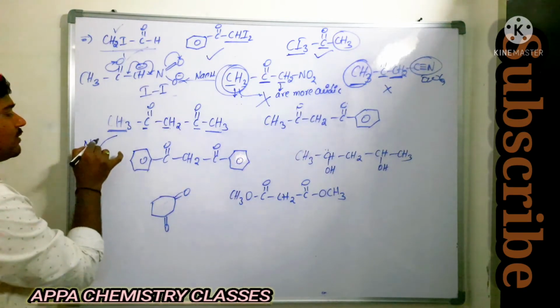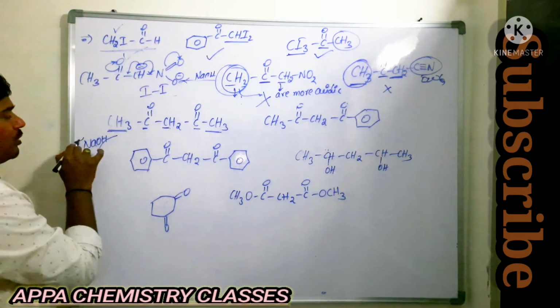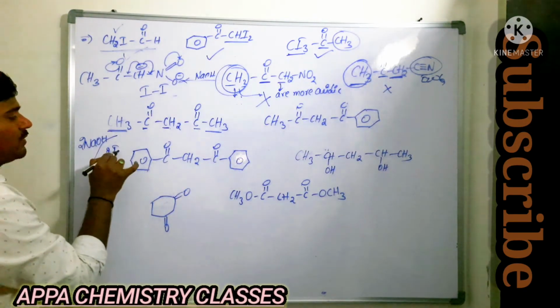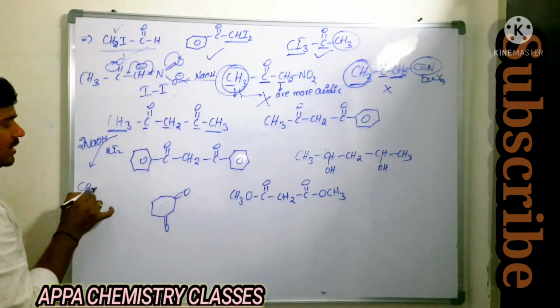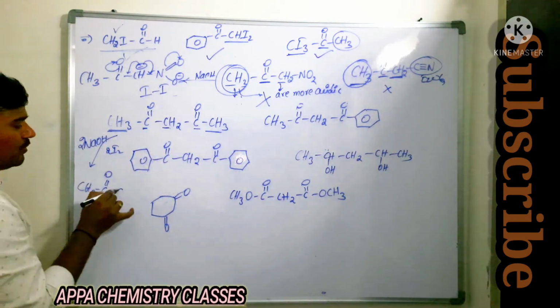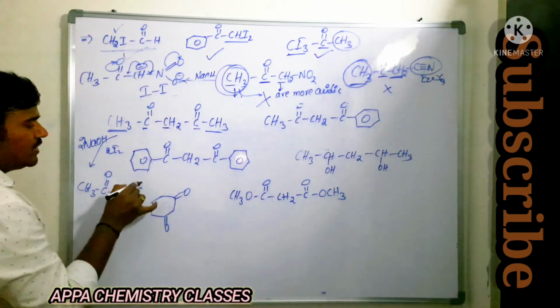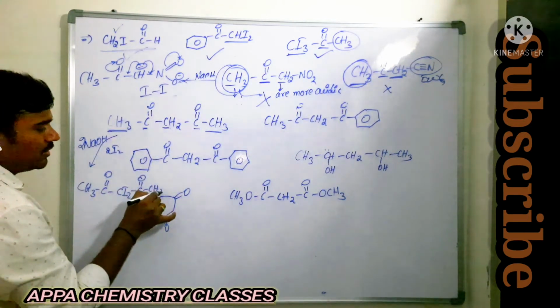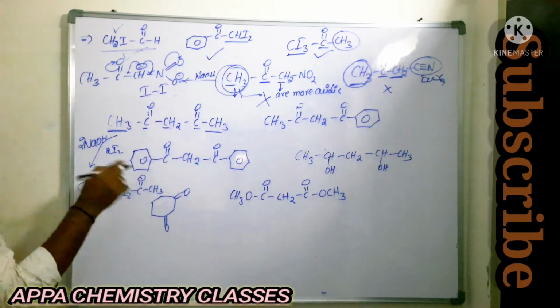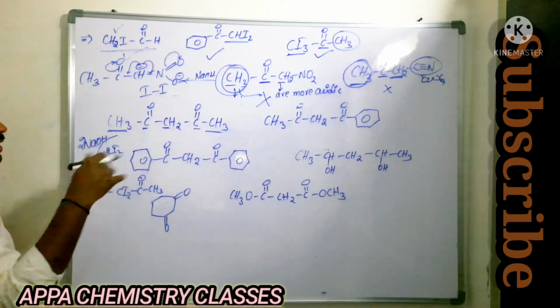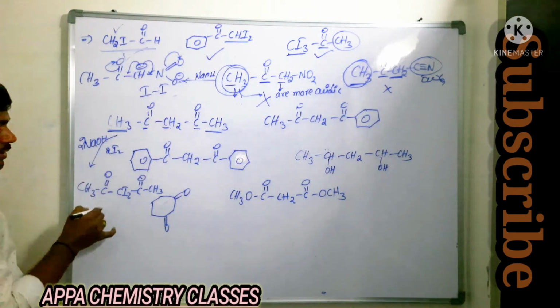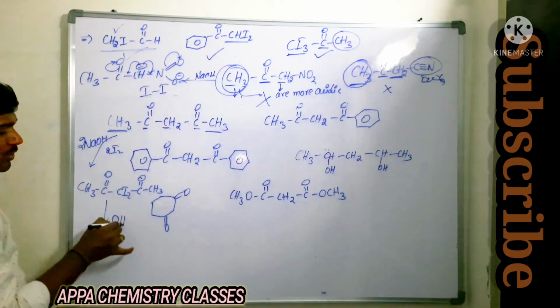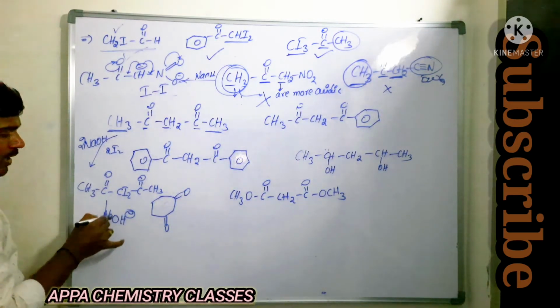When it reacts with 2 moles of sodium hydroxide and 2 moles of iodine, we are going to get CH3, C double bond O, CI2, C double bond O, CH3. The 2 hydrogens are replaced, with 2 moles of OH minus ion, losing 2 moles of water. Now this again reacts with OH minus ion, that is sodium hydroxide.